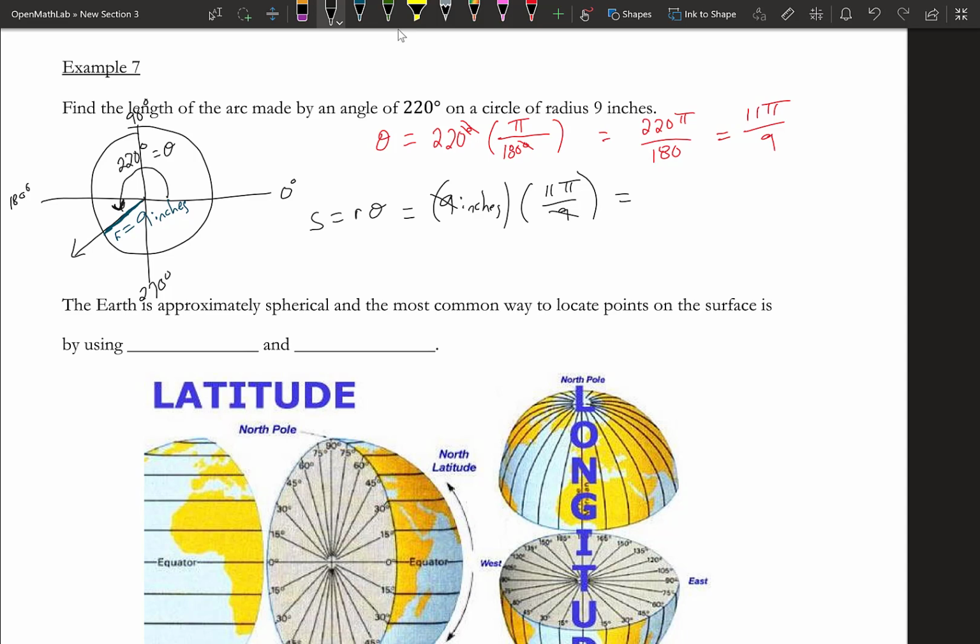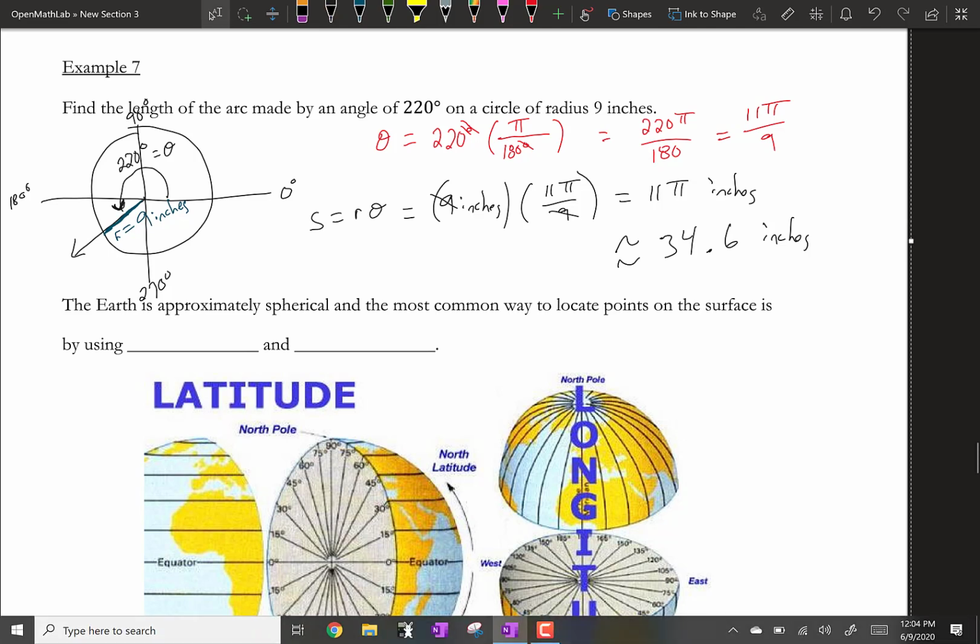What we end up with is 11 pi inches, and this will be approximately equal to 34.6 inches. Because pi, and hopefully you know, pi is irrational. It's never ending. There's no pattern, so we can't write pi as a fraction. That's what I mean by irrational. So that's why we give it a funky name and a symbol. It's something we use a lot as well.